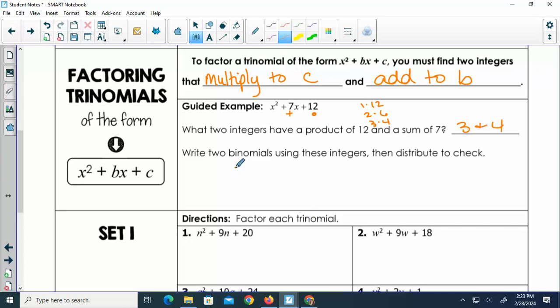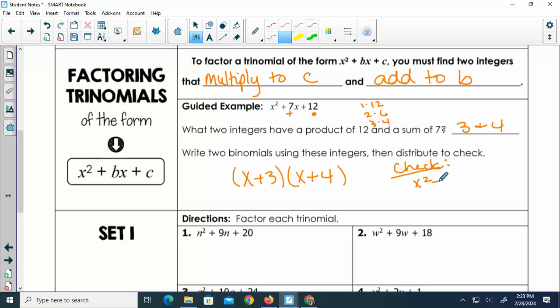So this would factor into x plus 3, x plus 4. Now, if I wanted to check it, what would we do? Distribute it. If we multiply it out, x times x is x squared.